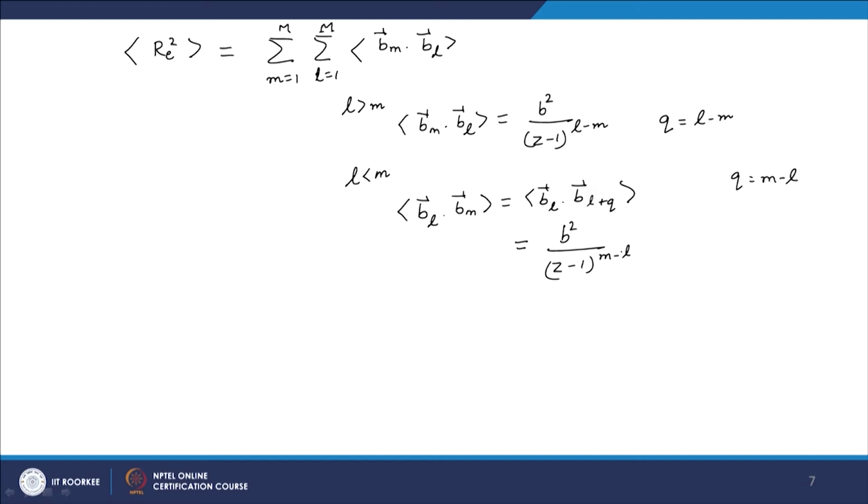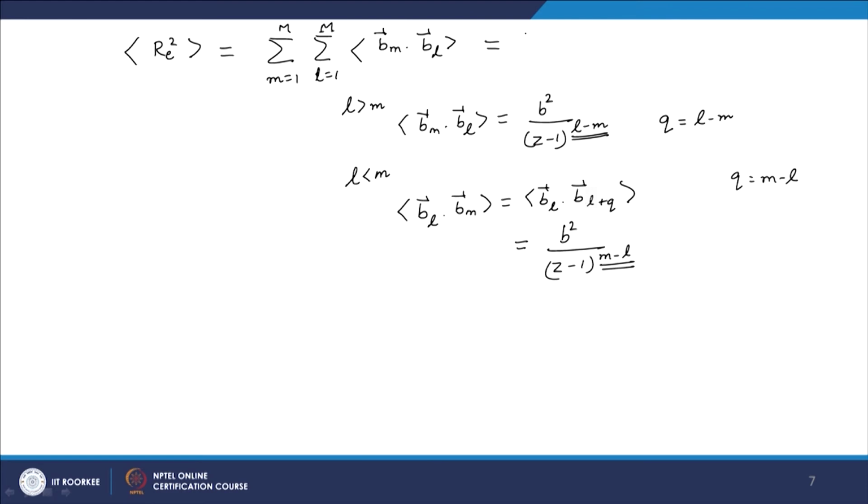So, in general, what we see here is the power is always positive. When L is higher than m, I will use L minus m. When L is less than m, I will use m minus L. So, I can write in general this thing as, where I replace the power by the absolute value of L minus m.